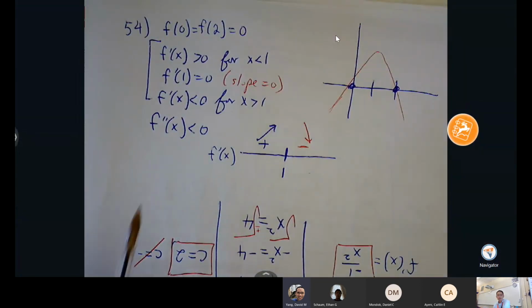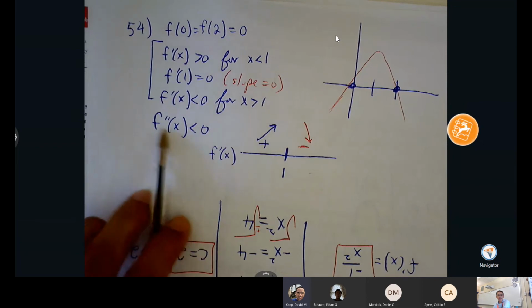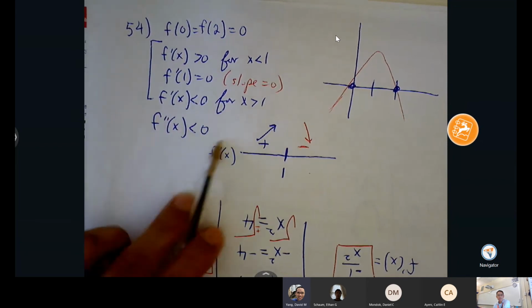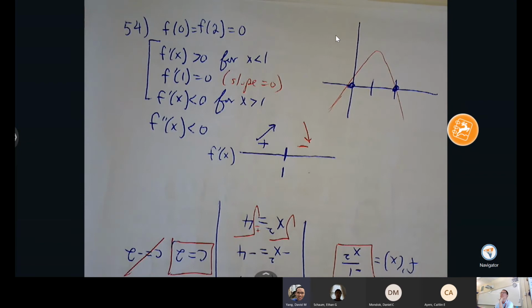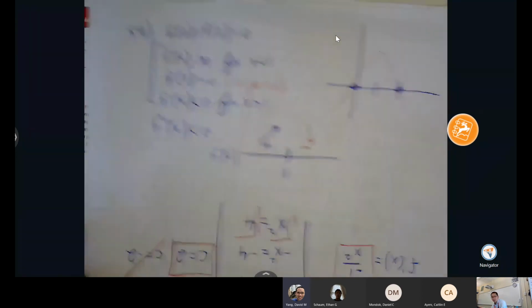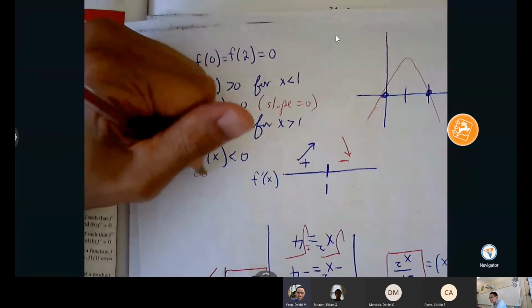And then the last statement, f double prime is less than 0. How would you interpret this? What's second derivative referring to? What's it talking about? Second derivative is concavity, right?